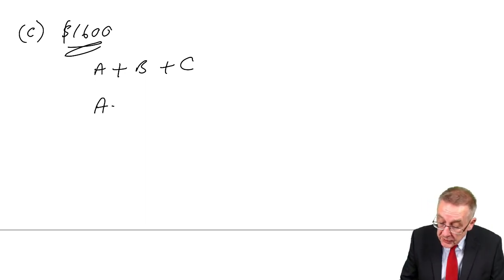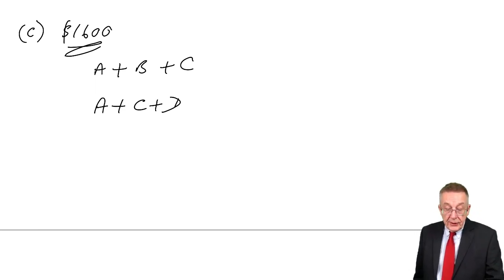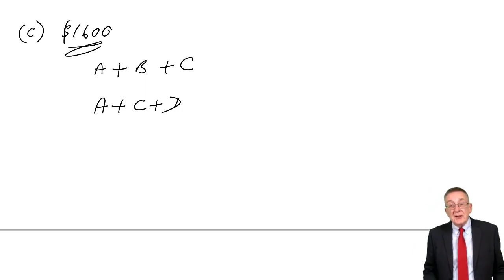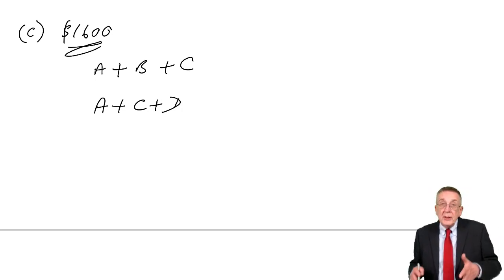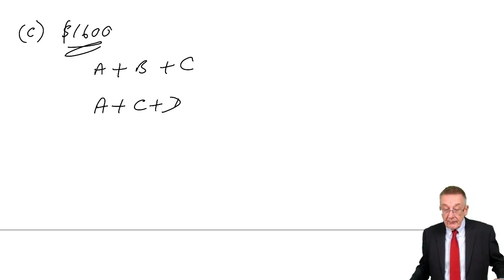Alternatively, we could choose to do A, C, and D. That would need 500, 800, 1200. But again, we can't do B as well. We can only afford to do 3 of the projects. We can't do all 4.